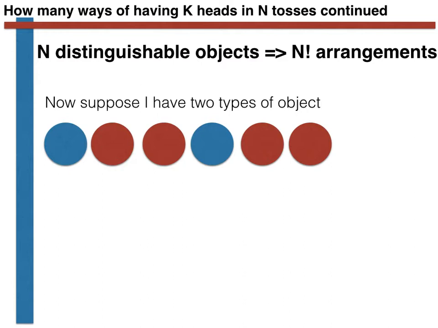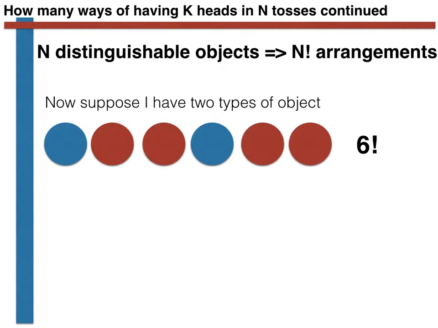Let's suppose for a moment that we made all the objects distinguishable by giving them numerical labels as shown here. We now know from the rule that we have just learned that there are 6 factorial ways of arranging these objects. The problem, however, is that in actuality we cannot distinguish between the red circles. If we swap these 2 red circles, the sequence appears not to have changed.